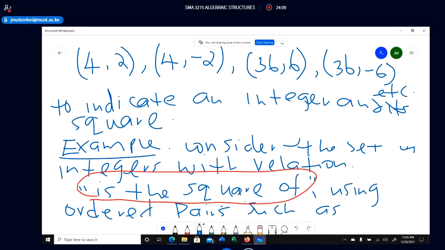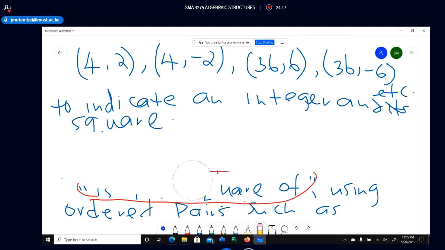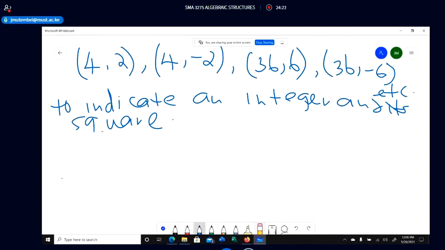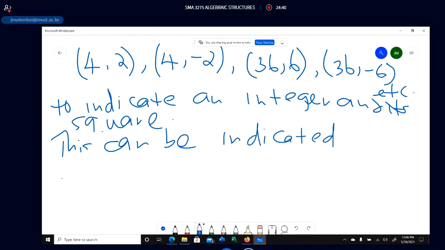So we can now indicate this kind of relation in general as follows, whereby the first one is the square of the second. So we can say that this can be indicated, in general, by this ordered pair, n squared comma n.